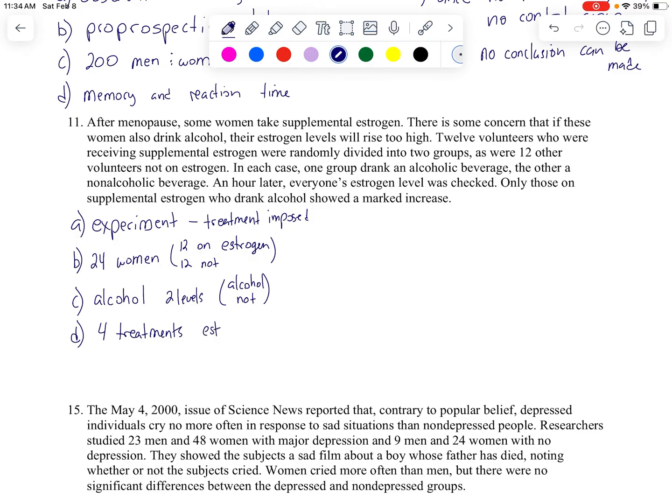Because we had those that were on estrogen, and then we had alcohol or not, and then those on no estrogen, alcohol or not. What did I measure in the end? We measured the estrogen level.